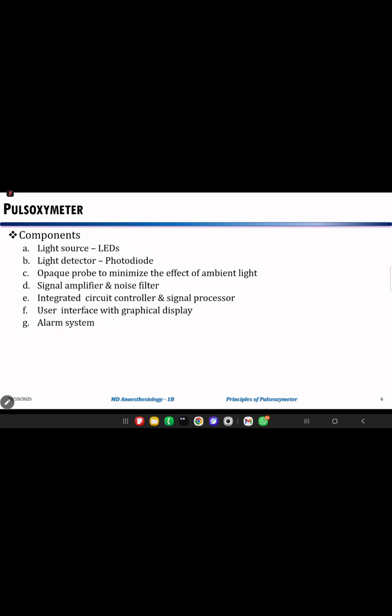When you consider the components of the pulse oximeter, we have a light source, which is usually light emitting diodes, which emit a specific range of lights. Then there will be a light detector, which is a photodiode. We have to use an opaque probe to minimize the effects of ambient light.